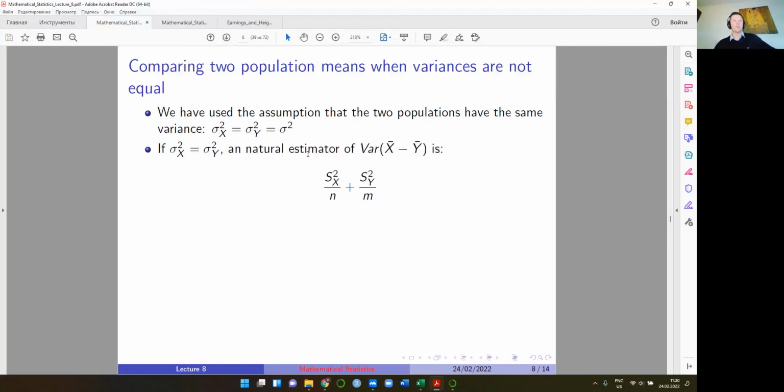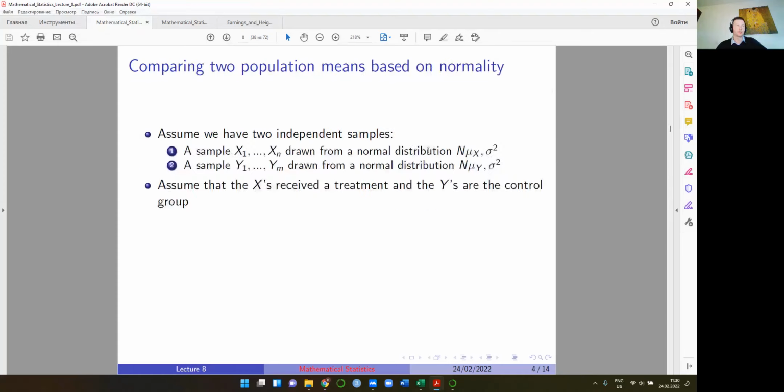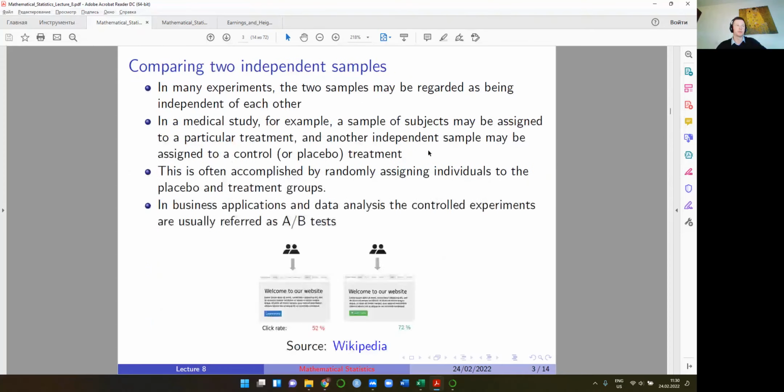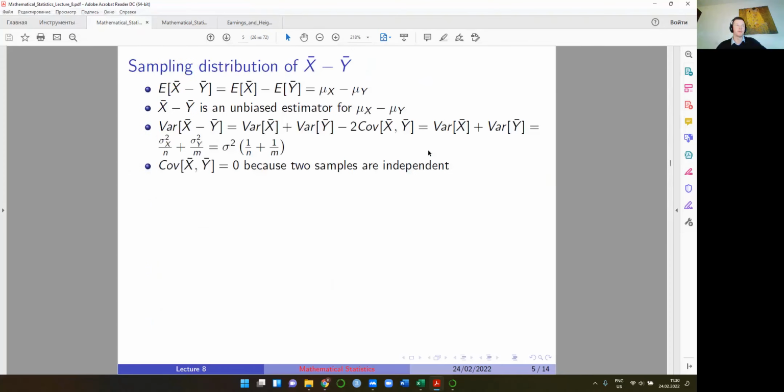If they are not equal, then we estimate the variance of x bar minus y bar. Remember that was the equation here. We wanted to estimate the variance of this, and when variances were equal, we calculated it as this thing, estimating sigma squared.